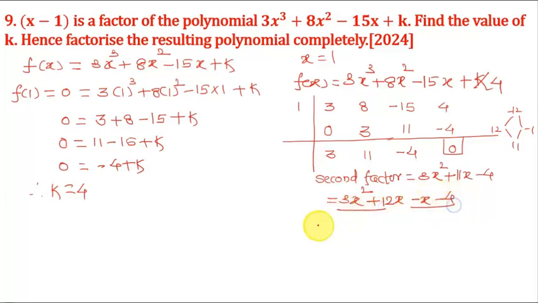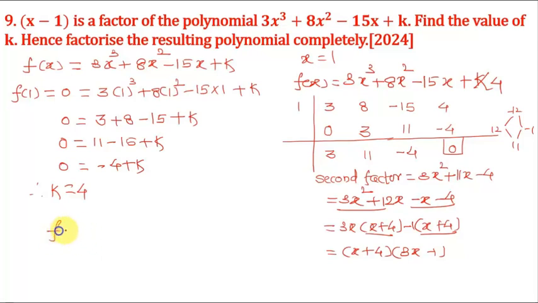Now common from these two terms, that is 3x is common, in bracket x plus 4. From next minus 1 is common, in bracket x plus 4. x plus 4 is common. Then what are the remaining terms? x plus 4 in bracket 3x minus 1.